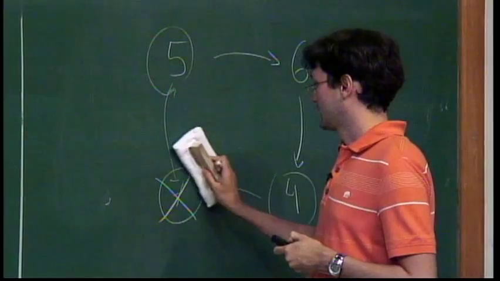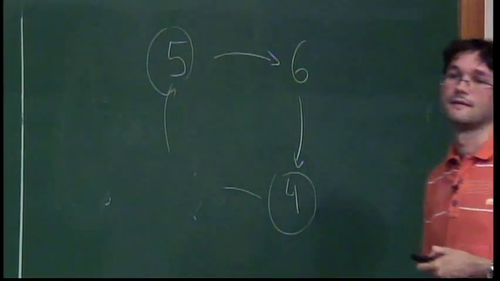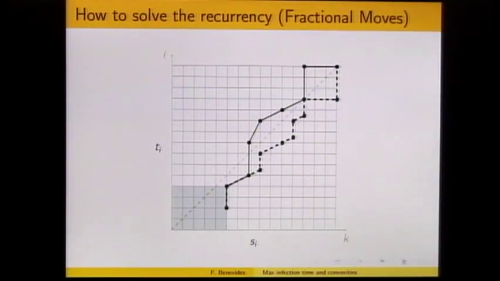Now that I have this other sequence that doesn't use this guy, then I break my cycle and I can do as before. Now I know I can push all the 5s to the beginning, all the 6s, all the 4s. And then I can determine the time to infect the whole thing just by looking at how many times I use the 5, how many times I use the 6, and how many times I use the 4.